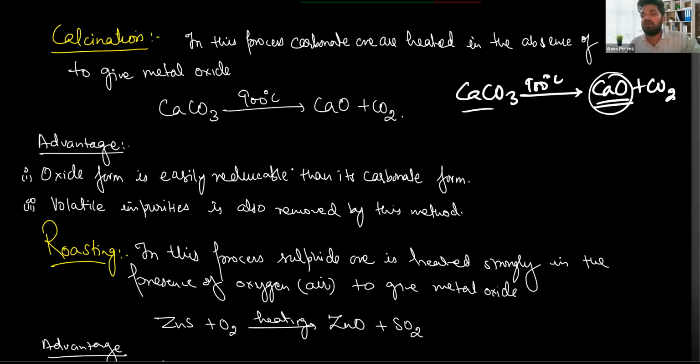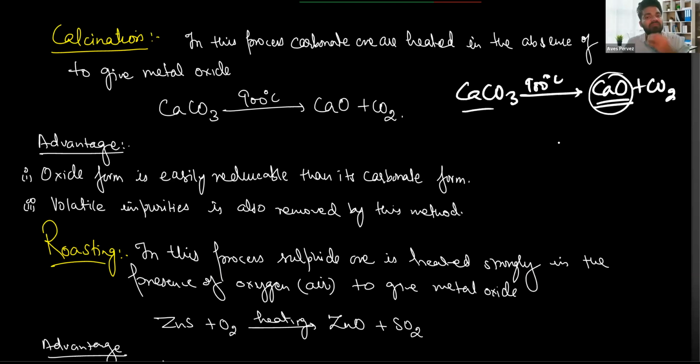Now, if we have some volatile impurities, what do we mean by volatile impurities? It means impurities that can melt at low temperature. If such impurities are present, they can be liquefied easily by this method.